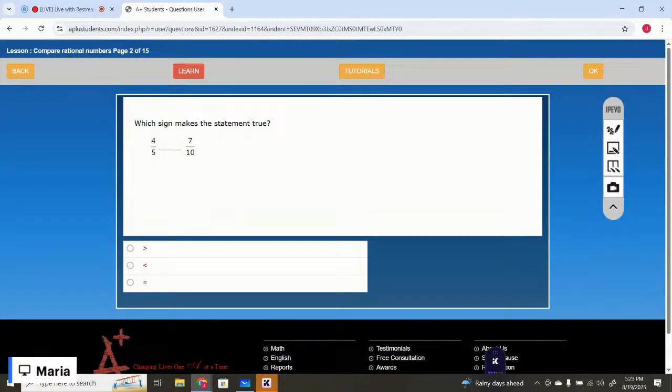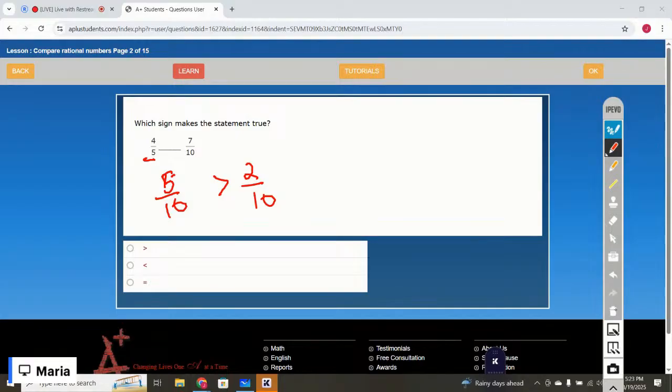Which sign makes the statement true? We need to make the denominator the same. So 2 times 4 is 8, 2 times 5 is 10.